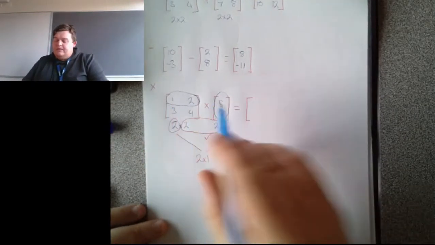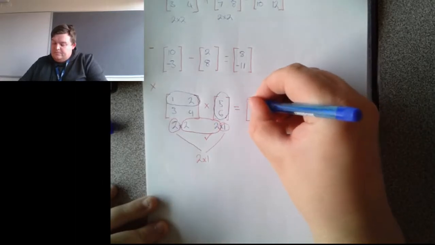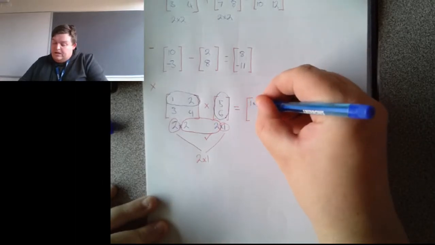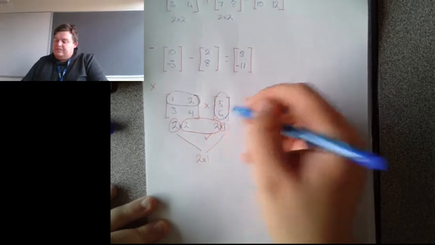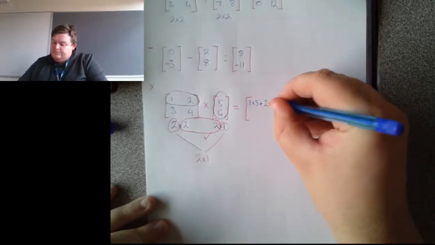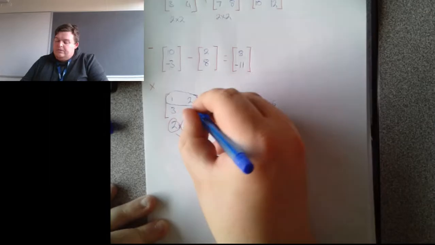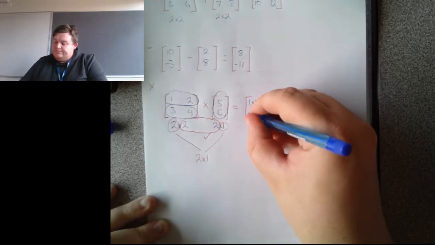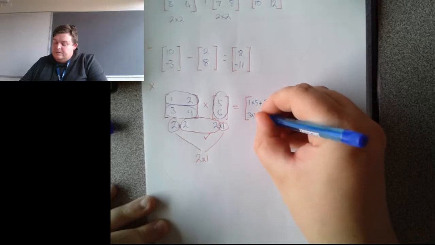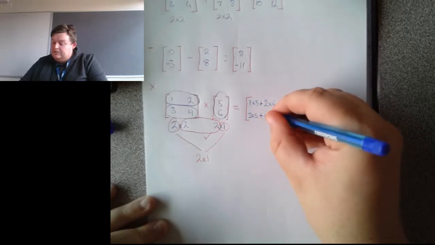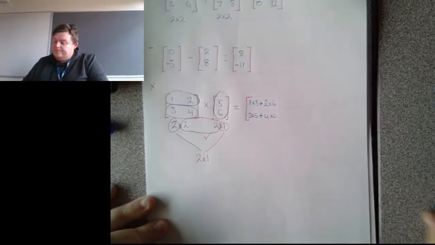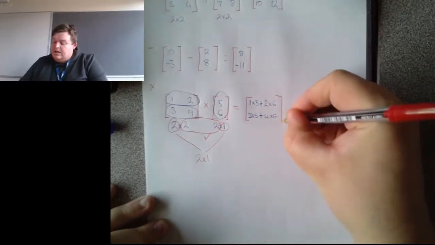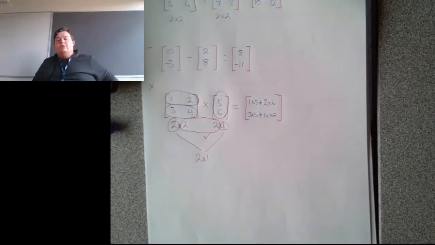So you have 1 times 5 plus 2 times 6. Then we do this row: 3 times 5 plus 4 times 6. That's what our matrix is going to look like.